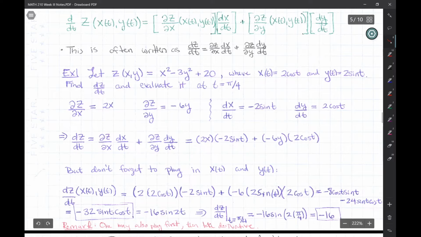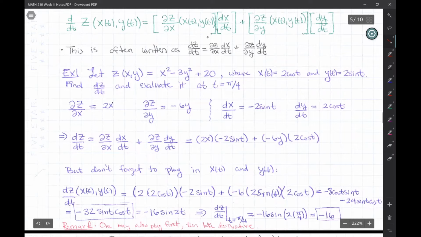Now we want the rate of change of z with respect to t, given that we're walking along that path. Of course, I'm saying path and walking just as an analogy. So we want to find dz/dt, and we want to find it at t equals pi over 4.